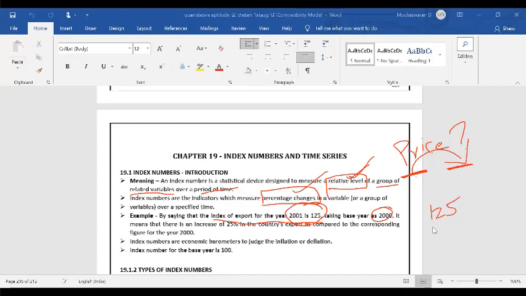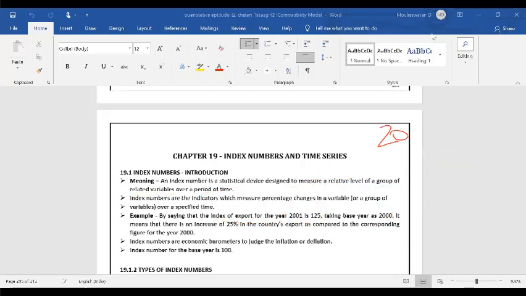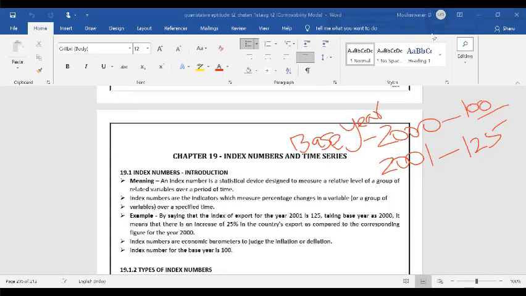Okay. See, one example they had given. Two years: 2000 and 2001. 2000 is the base year. They are telling us base year means that is the mark for us. In 2001, the export is 125. Compared to 2000, it means there is an increase of 25% in the country's export. Base year should always be 100.